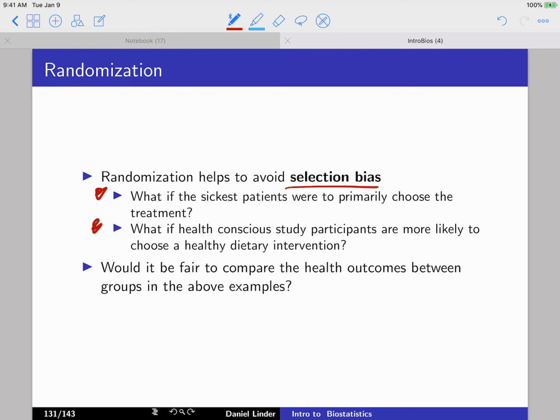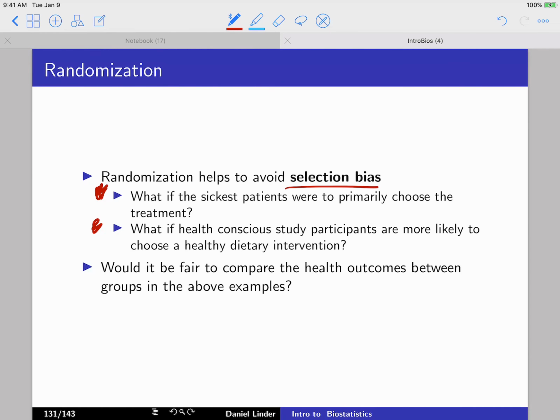So in this first bullet, would it really be fair to compare the health outcomes between these two groups? If the sickest patients chose the treatment, they're more likely to have worse baseline health outcomes in the treatment group, just because the sickest patients chose the treatment group.